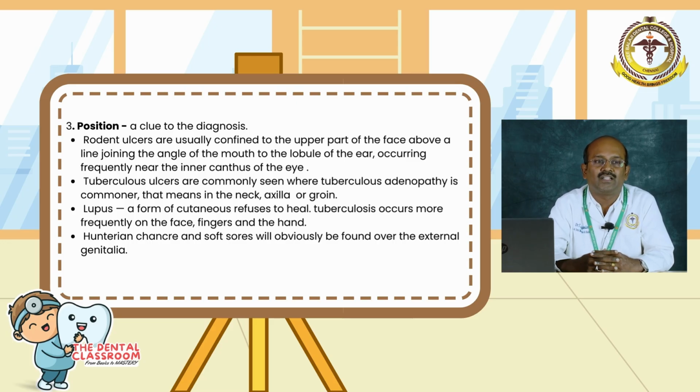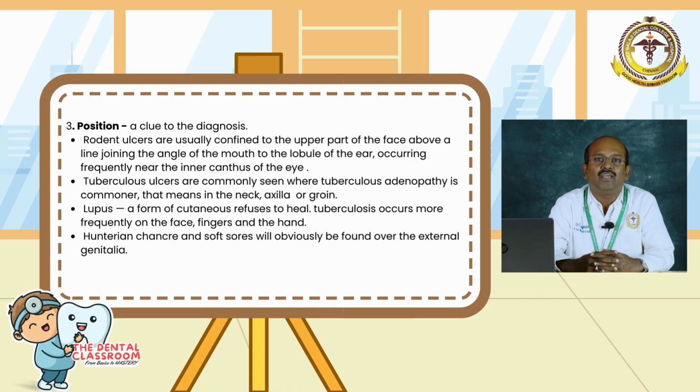Next is a tuberculous ulcer. With tuberculous ulcers, you get to see them where the nodes are present. Very commonly you get to see them in the axillary region, in the groin region, or in the neck region, in the anterior and posterior triangle. Next is lupus vulgaris, a form of tuberculosis that you see in the skin.